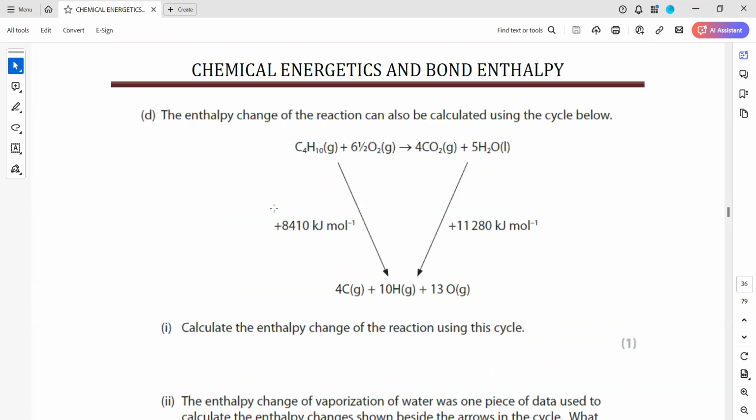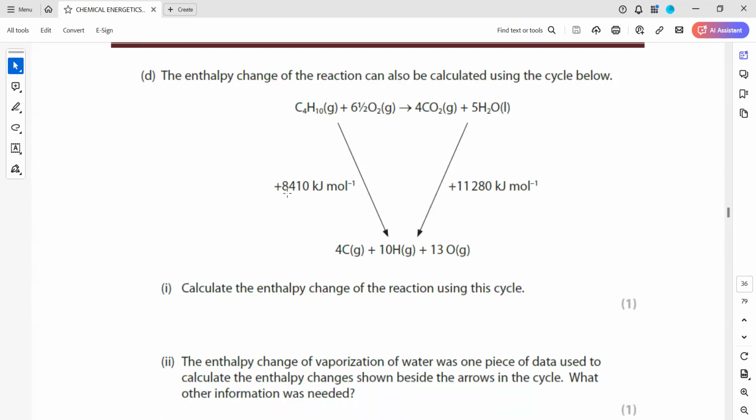The enthalpy change of a reaction can also be calculated using a cycle below. Calculate the enthalpy change of reaction using this cycle. Look, first, where the two arrows are pointing out, that is the start of the cycle. Where the two arrows are pointing in, that is the end of the cycle. So this is one route. This is what we need, delta H. So we can say delta H plus 11280 is equal to 8410.